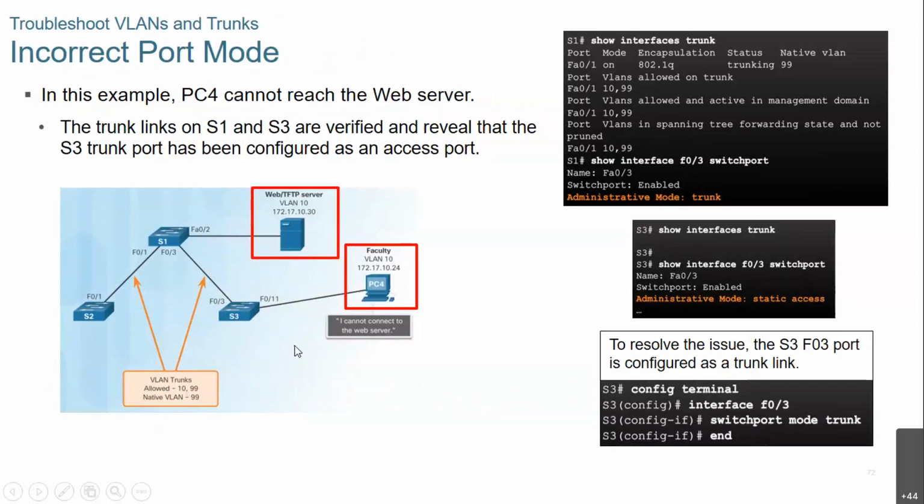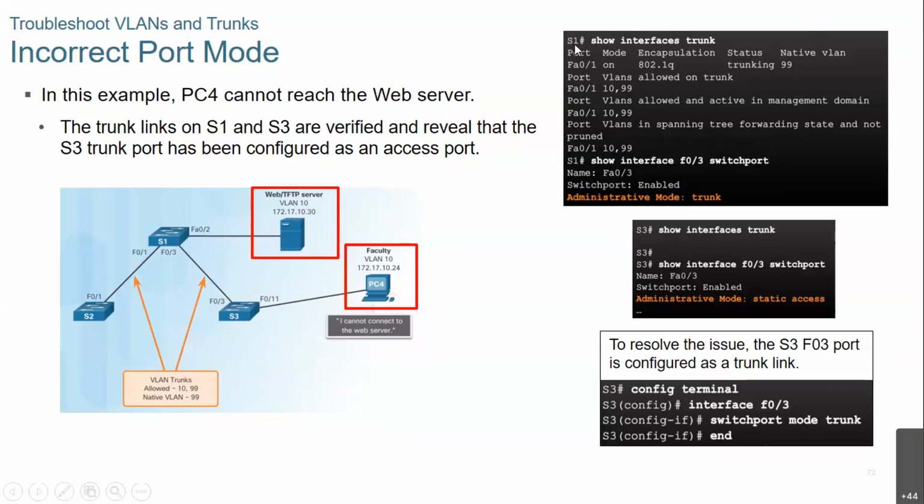So this is an example of an incorrect port mode. Here PC4 cannot reach the web server. It shouldn't be a problem because they are in the same VLAN, right? And then here it has allowed 10 and 99, meaning VLAN 10 is allowed and native VLAN 99 is set. And it seems that all of them are set the same. So the trunk link between S1 and S3 is verified, and then it shows that one side is an access.